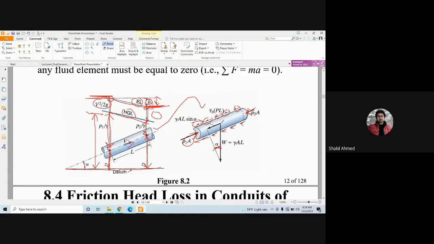And there is also the weight of the mass of the fluid acting downward. This is the length of the pipe, and this is the length of the fluid mass that we are considering here. Any question, guys?